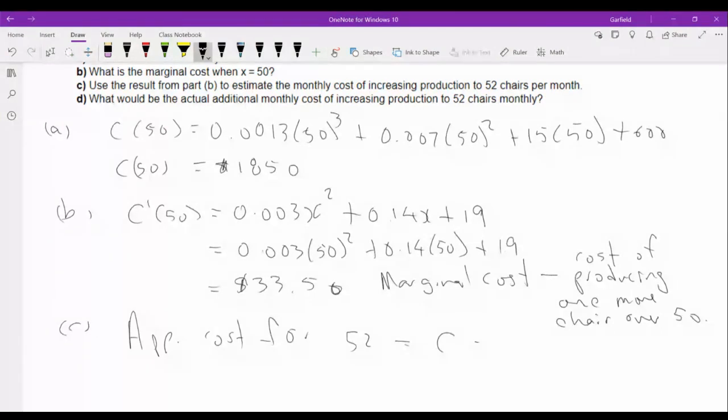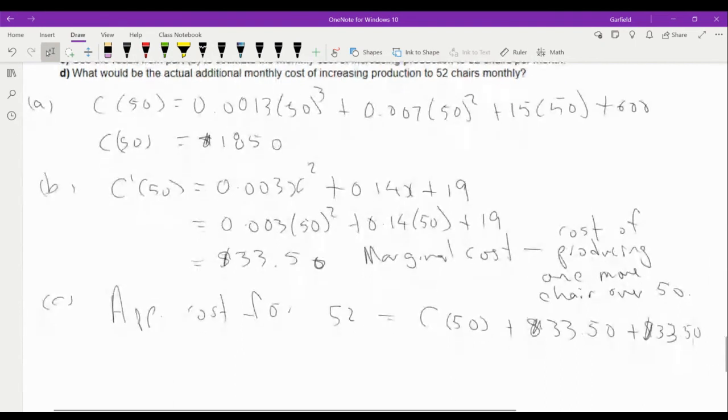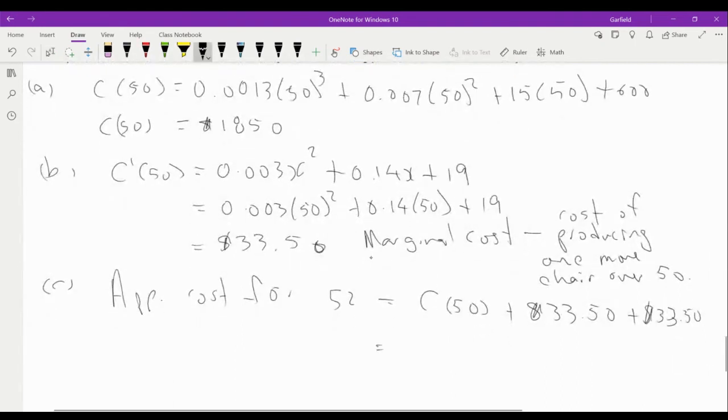The cost of producing 52 would be equal to the cost of 50 chairs plus $33.50 plus $33.50 because we're adding 2 more chairs. Does that make sense? Or what we were saying earlier, this would be the cost of producing 50 plus 2 times the marginal cost of 50 chairs, which is the same thing here.